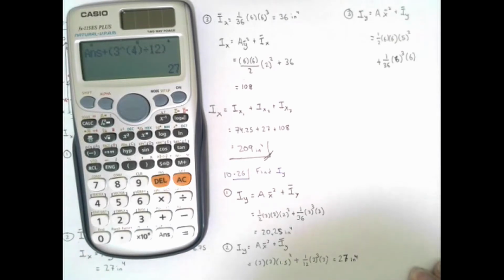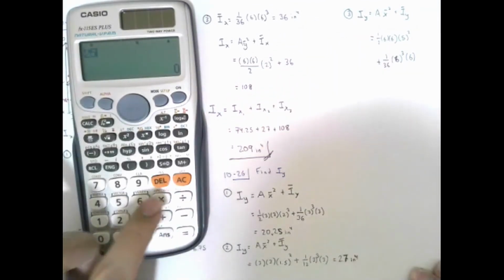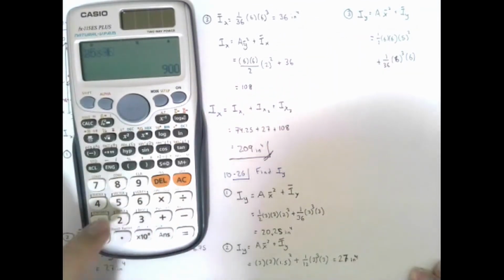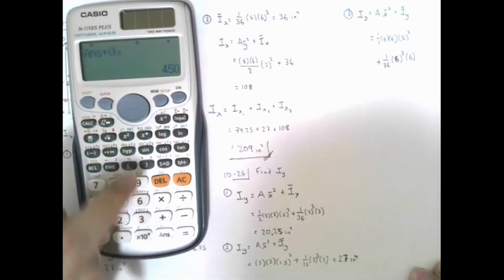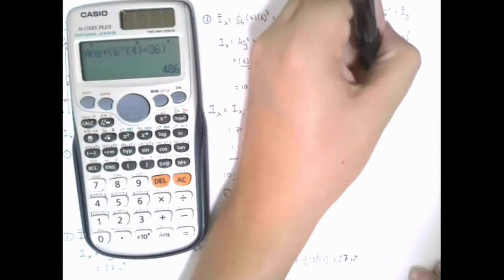And for my last triangle, I get 1/2 times 6 times 6 times 25 plus 6 to the power of 4 over 36. That gives 486.